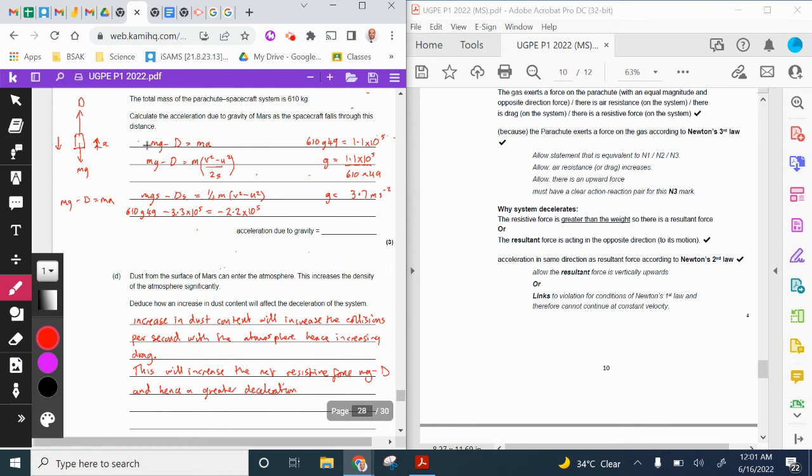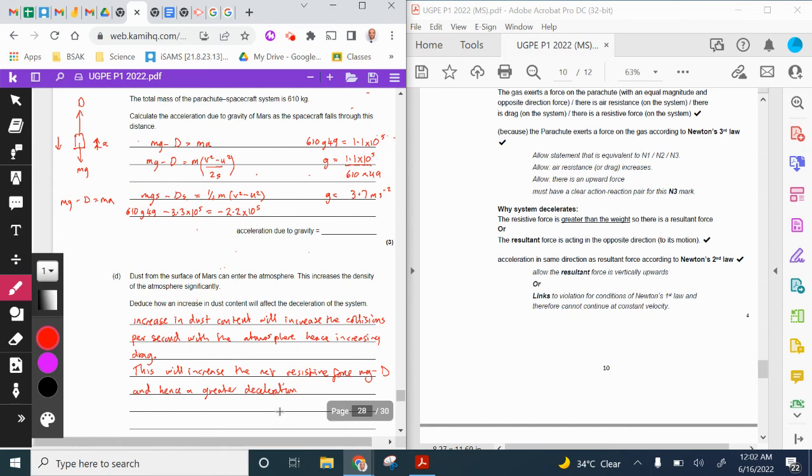That means that the net force against the motion is going to get larger. This will increase the net resistive force, which is mg minus drag, which we've talked about here. And if that gets more and more negative, that means this will increase, and hence you'll get a bigger and bigger deceleration.